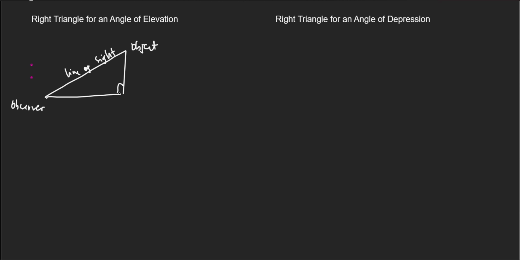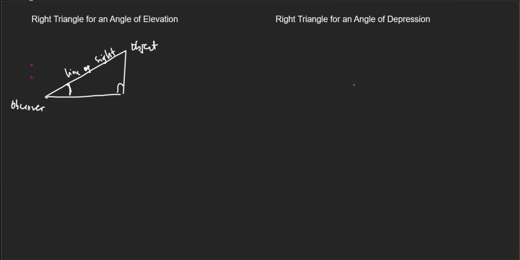We have the right angle here, and this will be the angle. This means that for an angle of elevation, the observer is below and the object is above. So that is angle of elevation.